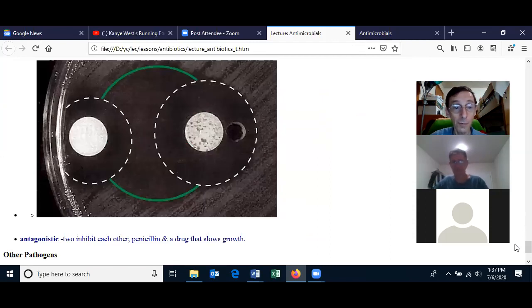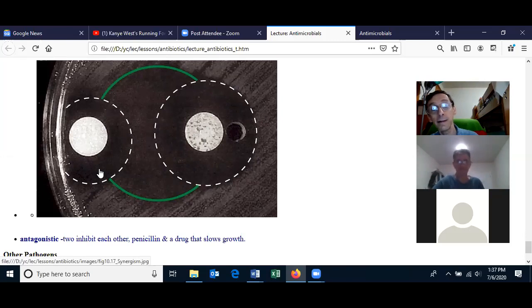Now, if two drugs work worse when both of them are applied at the same time, then they are antagonistic. The two inhibit each other. And so instead of seeing the normal zone of inhibition, the zone of inhibition will be smaller if the two are antagonistic for each other. With penicillin, I mentioned that that drug is antagonized by another antibiotic that slows the growth of the bacteria.